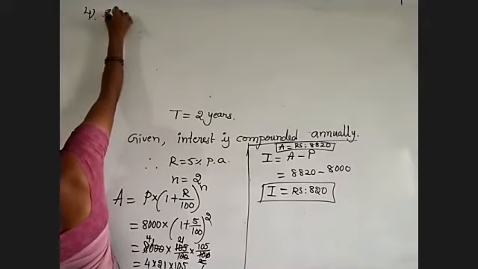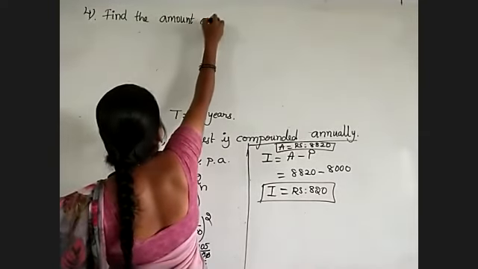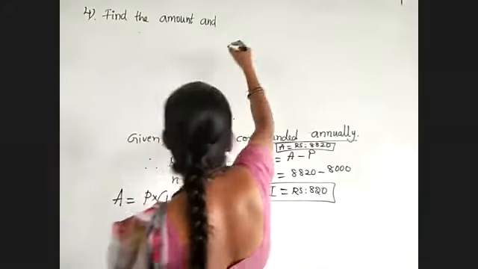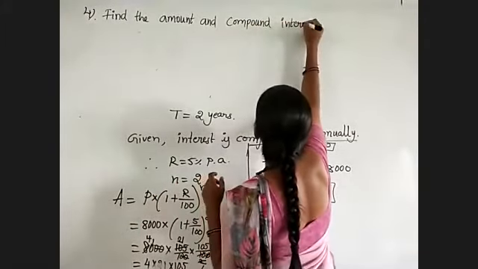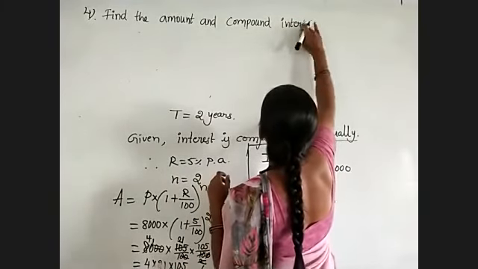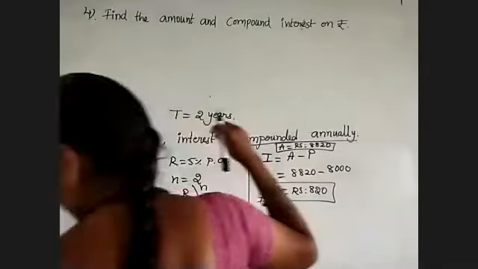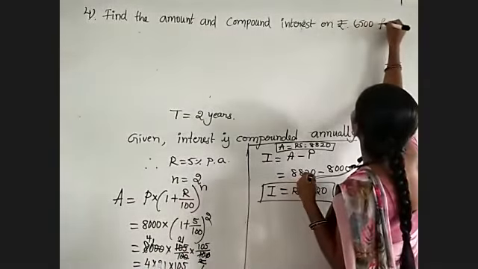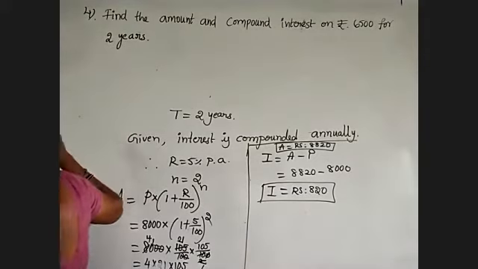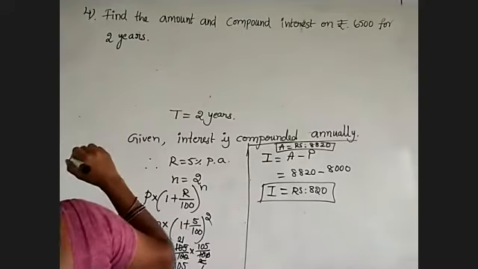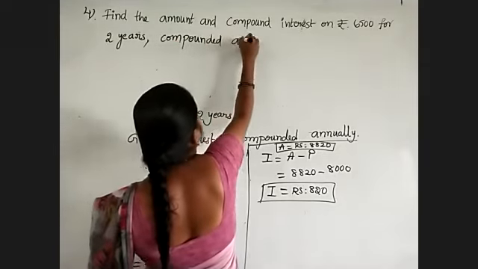Fourth problem. Find the amount and compound interest on 6,500 rupees for 2 years, compounded annually.